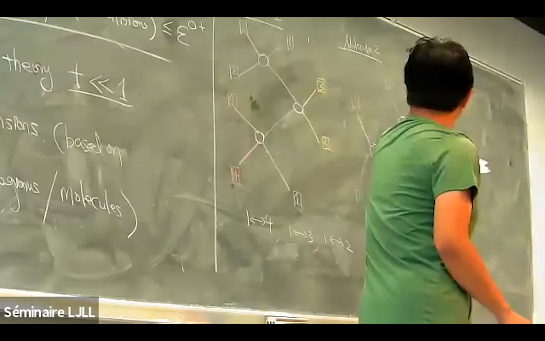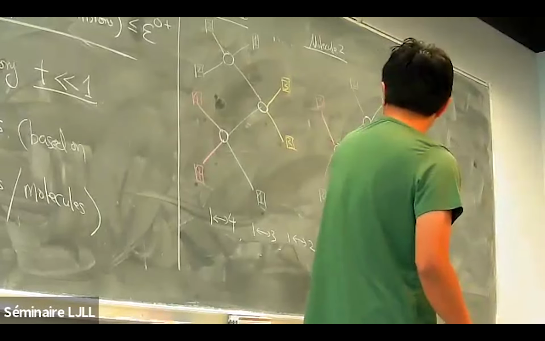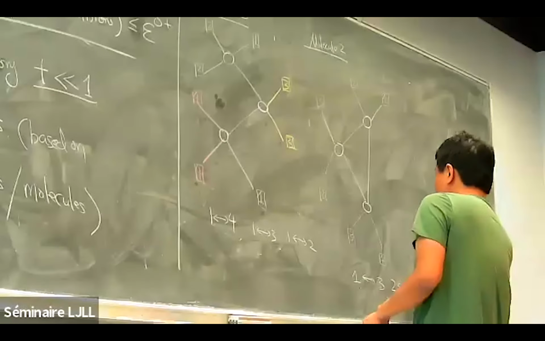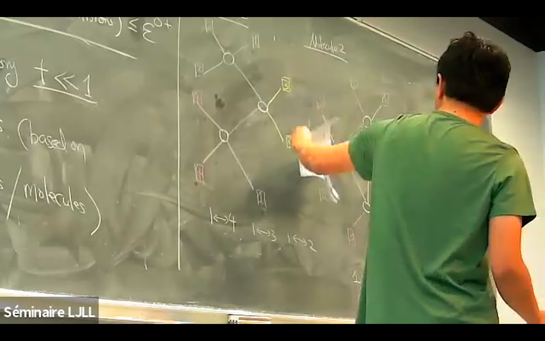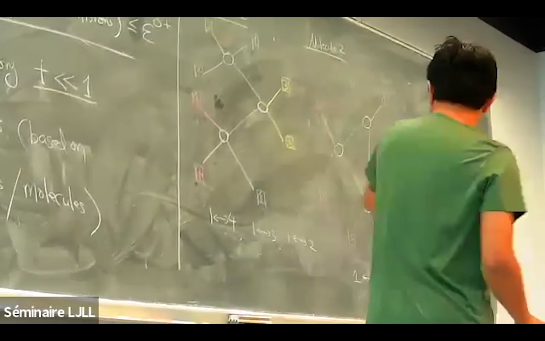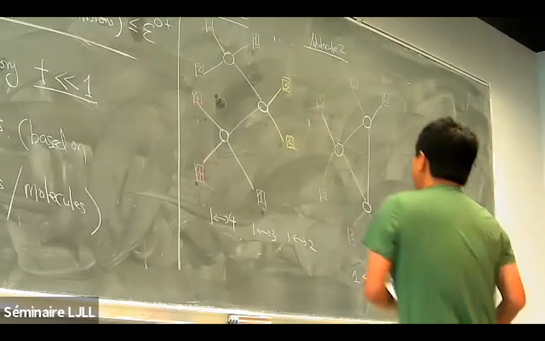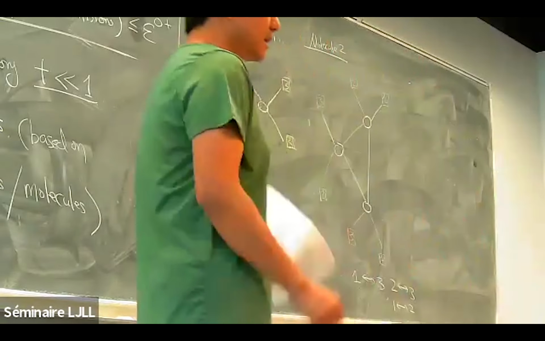Then 3 collides with 2. And then 3 goes this way, but then 2 proceeds to collide with 1. Now this is a triangle here. So this is the case with 3.